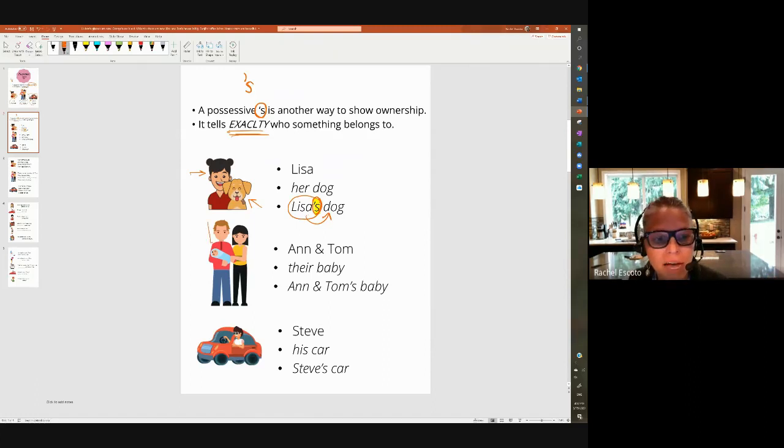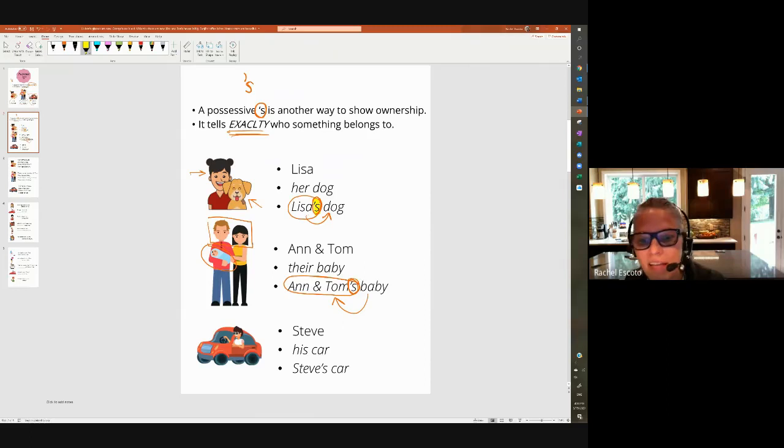All right, let's do that again. Here we have Anne and Tom, and this is their baby, but sometimes we want to tell exactly who the baby belongs to. So we say Anne and Tom's baby, with this possessive S telling us the baby belongs to Anne and Tom.